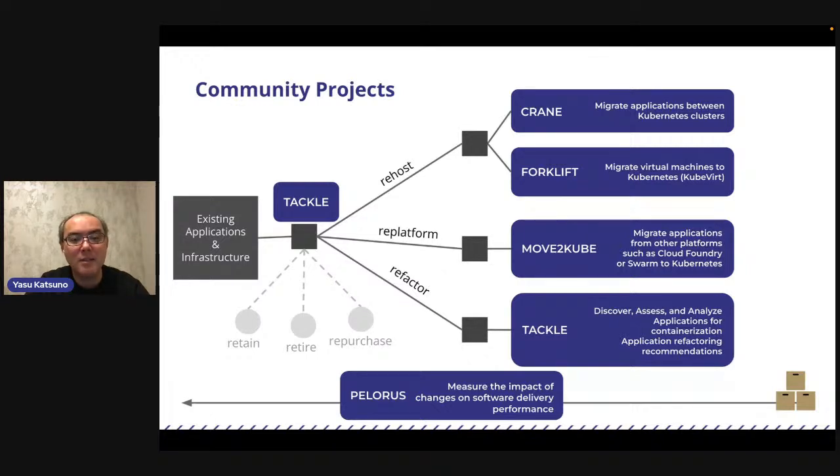Tackle judges which option is preferred for target applications: rehost, replatform, or refactor. The first choice, rehost, is moving to the target Kubernetes infrastructure without changing application code or configurations. So Crane and Forklift are used.